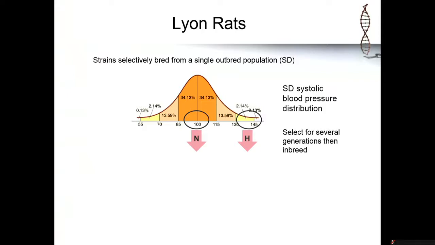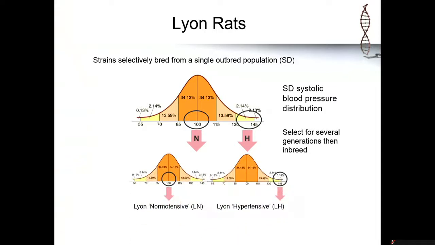So basically, you selected the offspring that had high blood pressure and bred those together, and you selected offspring that have normal blood pressure and bred those together. By doing that for several rounds, you essentially fix whatever causes them to be hypertensive or whatever causes them to be normotensive. So at the end of the day, you have 2 inbred strains, the Leon hypertensive, or the LH, and the Leon normotensive, or the LN.